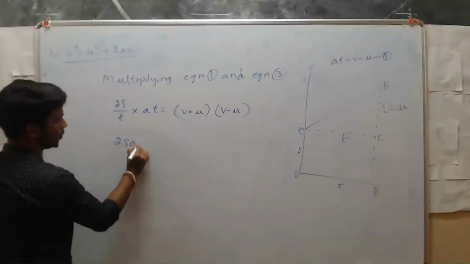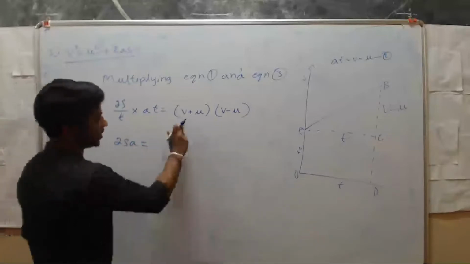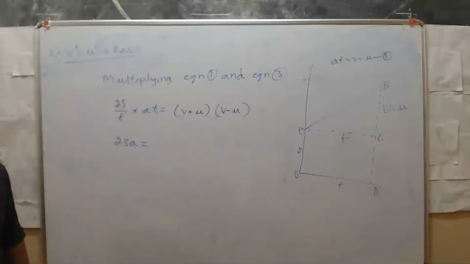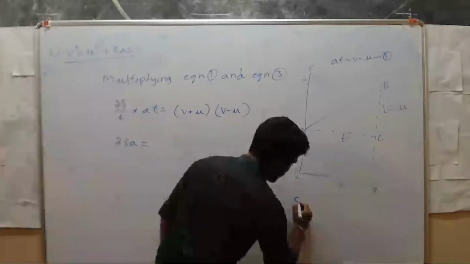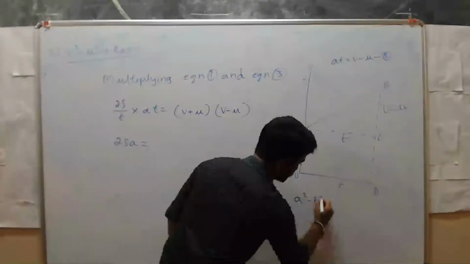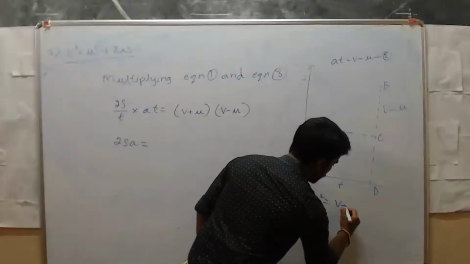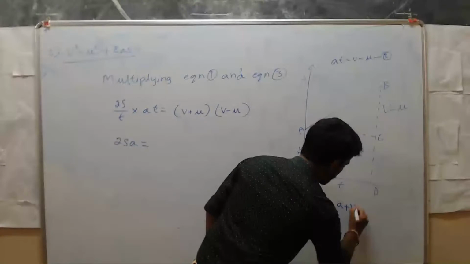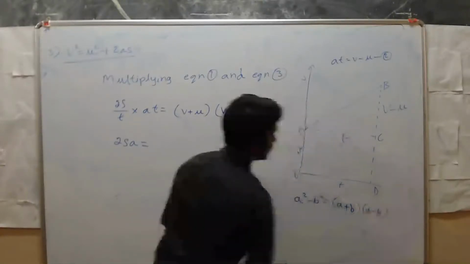So 2SA, and just observe here V plus U into V minus U. You know the mathematical identity: a square minus b square equals a plus b into a minus b.